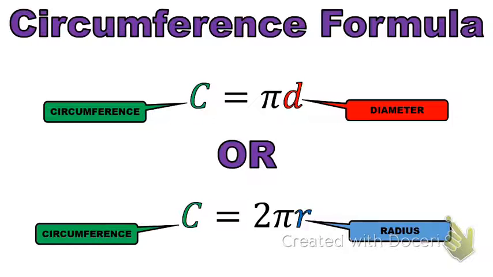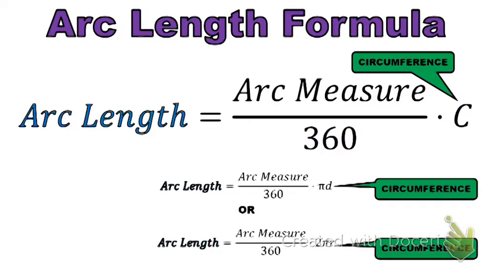So the first version is circumference equals pi times the diameter. And the second version is circumference equals 2 times pi times the radius. And as you know, 2 times the radius in the second formula would give you the exact same distance as the diameter in the first formula.